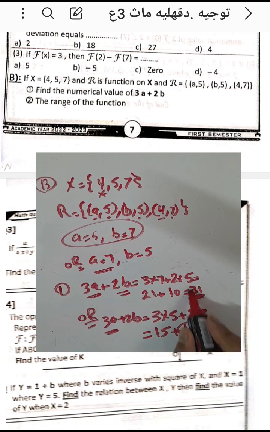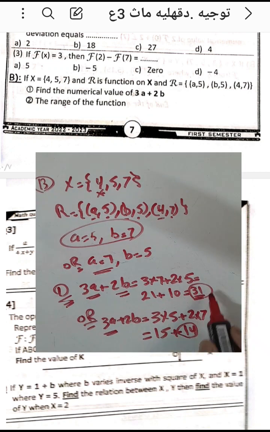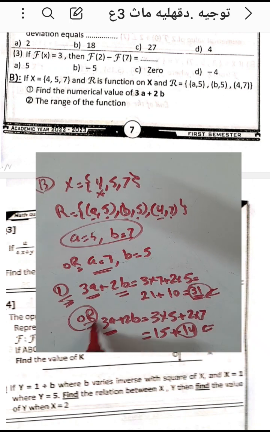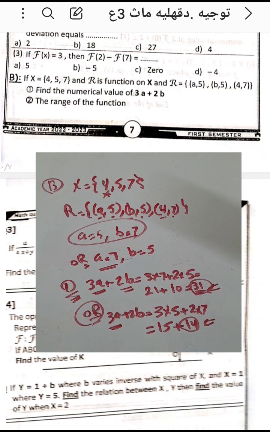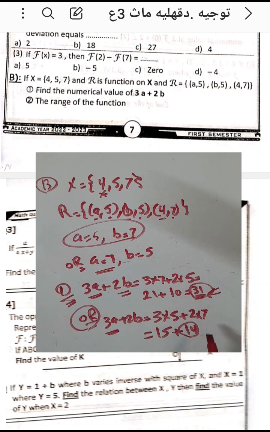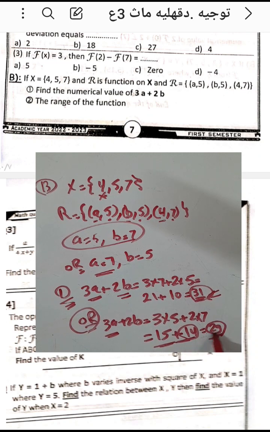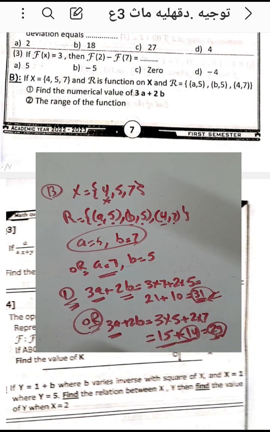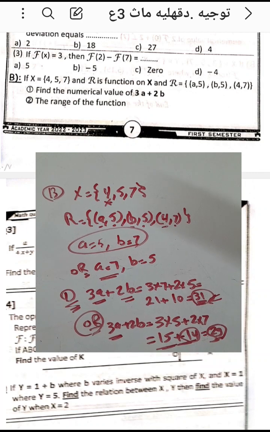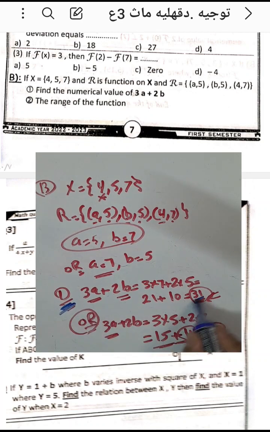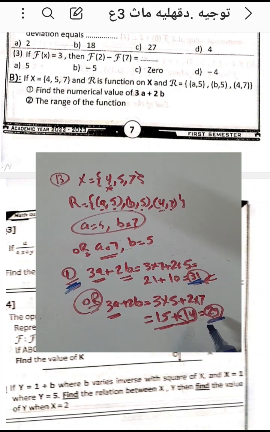So we have two solutions about question number 1, 31 or 29. Okay, because 15 plus 14 equals 29. The result will be 31 or 29.